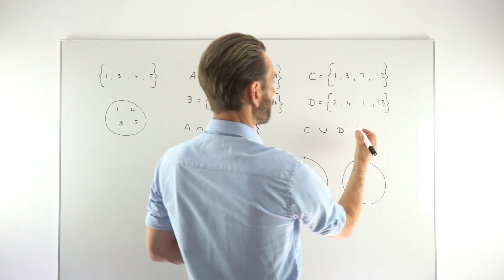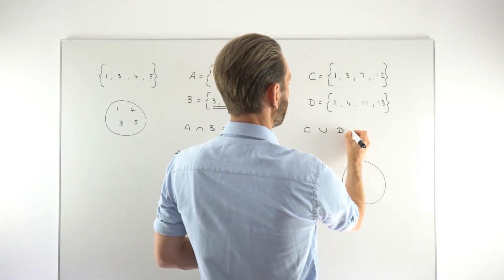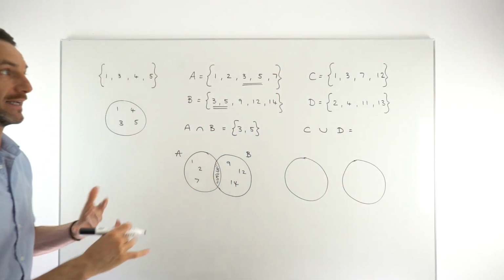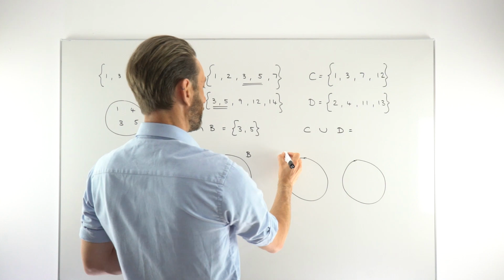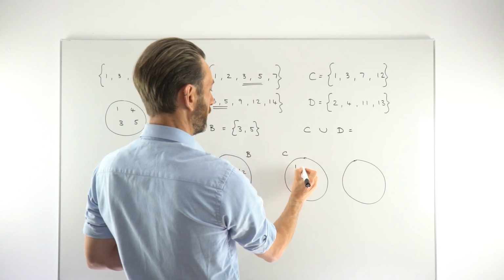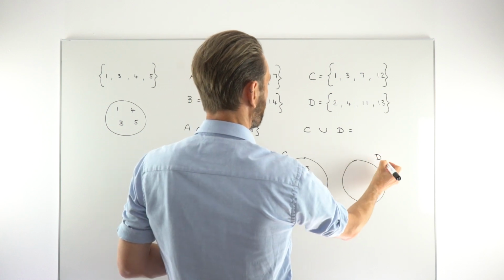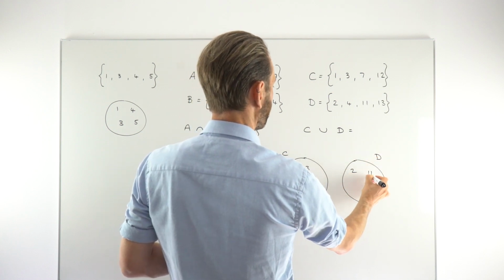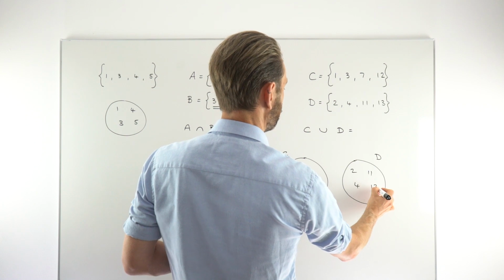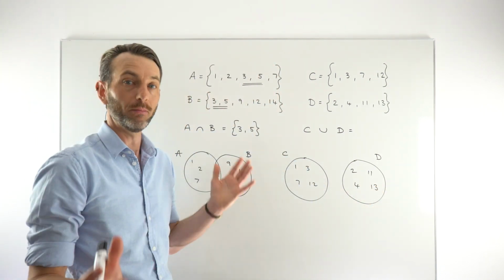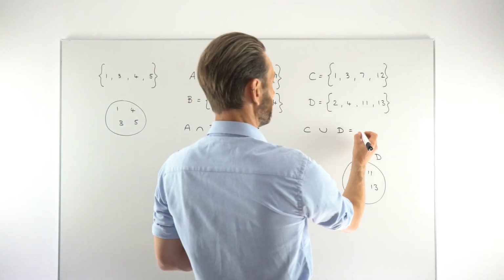We're doing the union. So what is the union? Well, the union is everything that is in both sets added together. So if we've got set C here, which is 1, 3, 7, and 12, and then we've got set D over here, 2, 11, 4, and 13, then these are separate, but their union basically brings them together, and you imagine all of the elements being in one set.